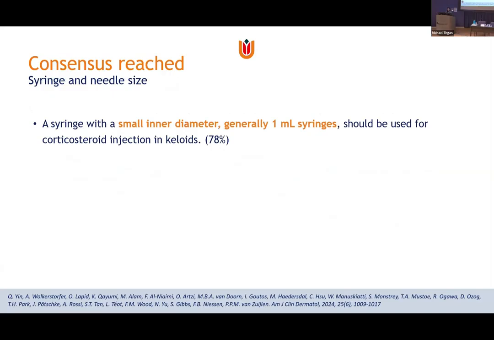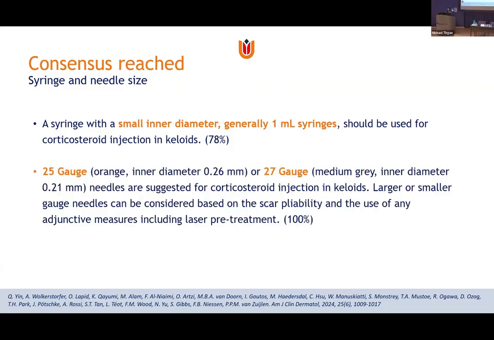Considering the syringe and needle size, consensus was reached that a syringe with a smaller inner diameter, generally 1 milliliter syringes, should be used for the injection, and 25 gauge or 27 gauge needles are suggested for corticosteroid injection in keloids. Larger or smaller needles can be considered based on scar pliability and the use of any adjunctive measures, including laser pretreatments.